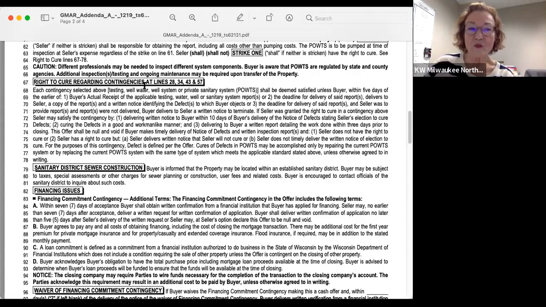But make sure that when you are writing in the Addendum A and you are dealing with well water or sewage systems, POUTS, that you understand what the ramifications are on right to cure. It's very similar to the inspection right to cure on filing the notice of defect and the report in order to either terminate or to give the seller the right to cure.